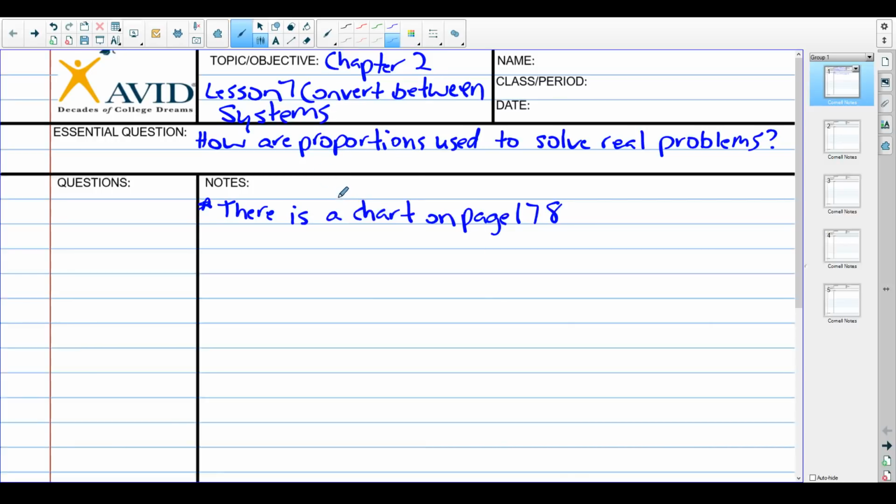A chart on page 178 to help convert between customary and metric systems. That's the whole point of what we're doing, converting from customary to metric, which is not super useful, but happens sometimes. Mostly it's just an excuse to write proportions.